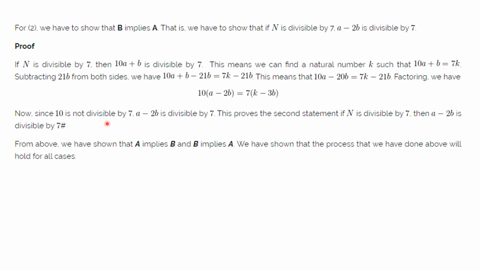Now, since 10 is not divisible by 7, but this is a multiple of 7, that means that A minus 2B is divisible by 7. This proves the second statement, and we have now shown if n is divisible by 7, then A minus 2B is divisible by 7. So you see, we've shown that these two things are equivalent and proven the divisibility test.